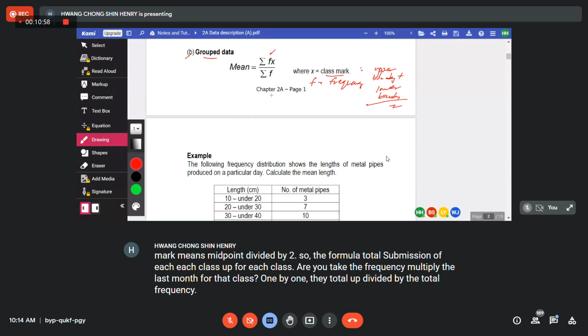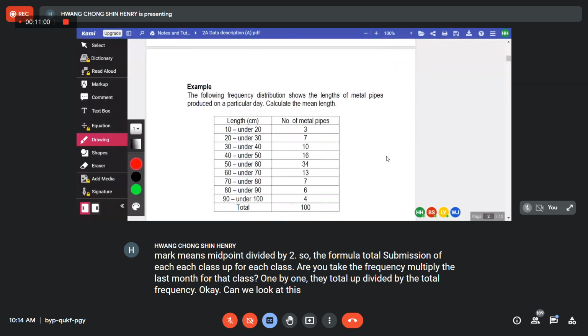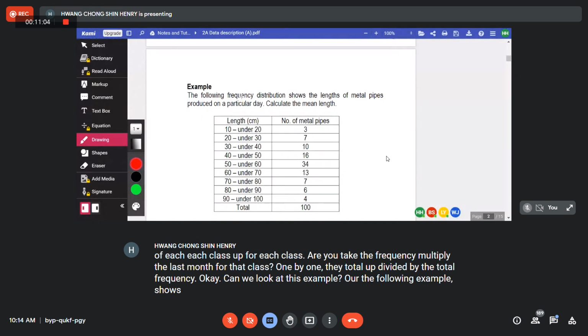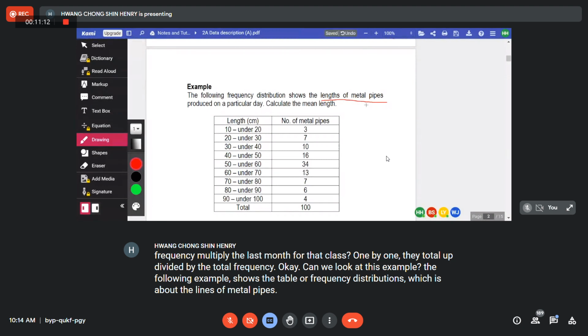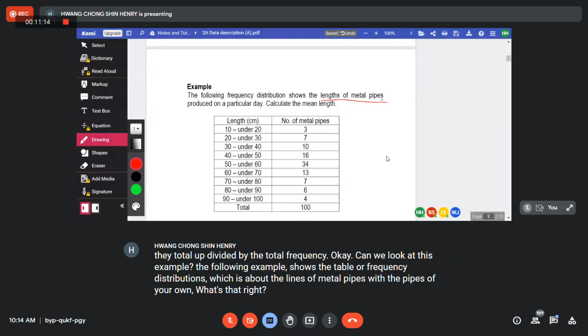Okay, can we look at this example? The following example shows a table of frequency distribution, which is about the lengths of metal pipes. Metal pipes, you all know what that is, right? Pipes made of steel, and the length of it.